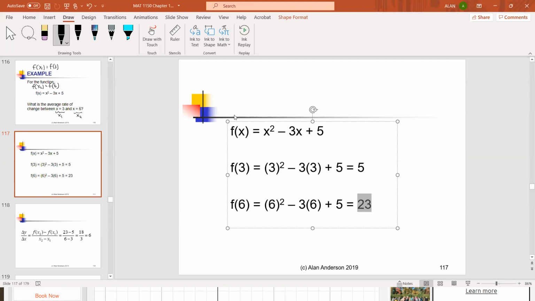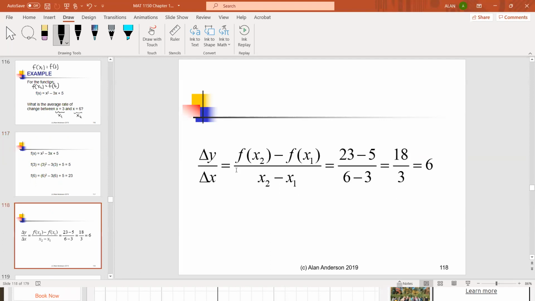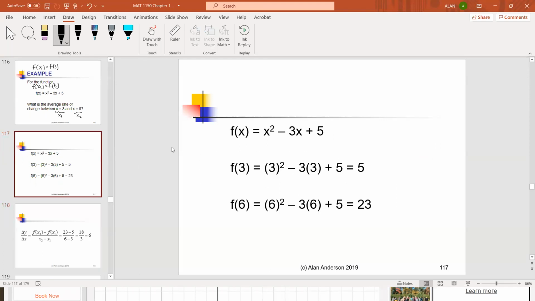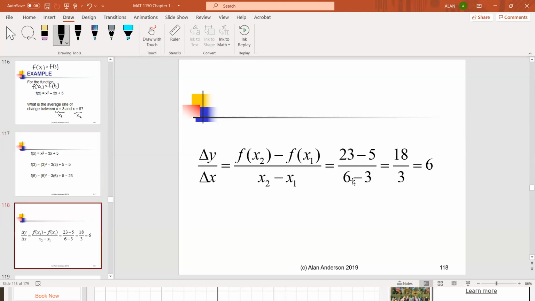We're going to calculate the average rate of change for this function over that interval with this formula that we now know very well. So here's the two f's, f of x1, f of x2. These are the original x's. And it turns out that the average rate of change during that interval was 6.